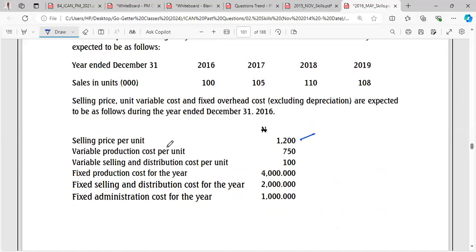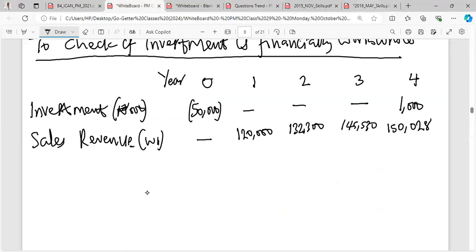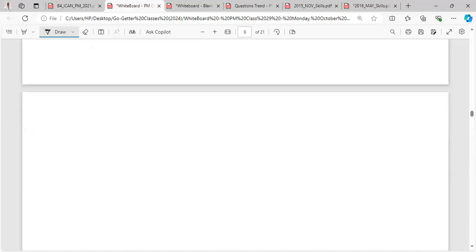We'll do that. Variable production cost. We're not going to do per unit, we're going to be doing for all the units. Of course, this will be dashed within cell now. So we'll go to workings number 2.